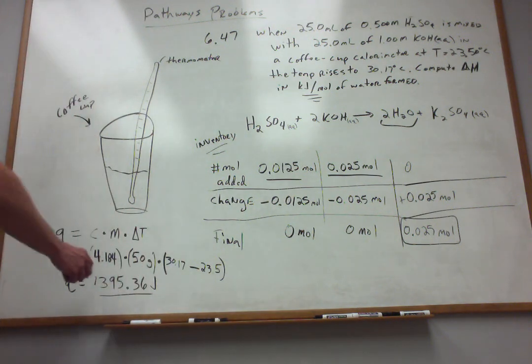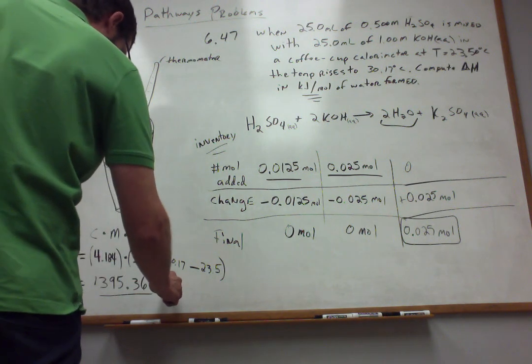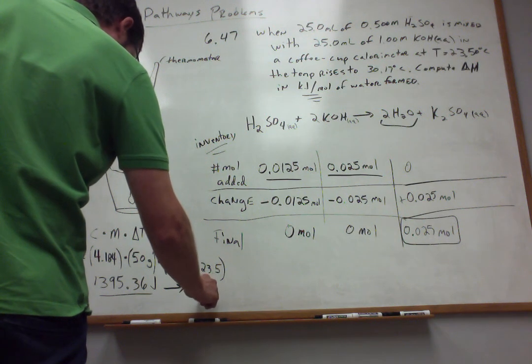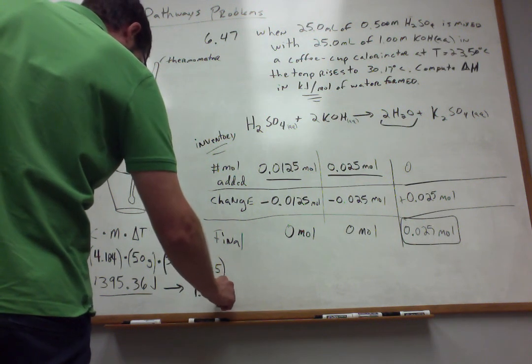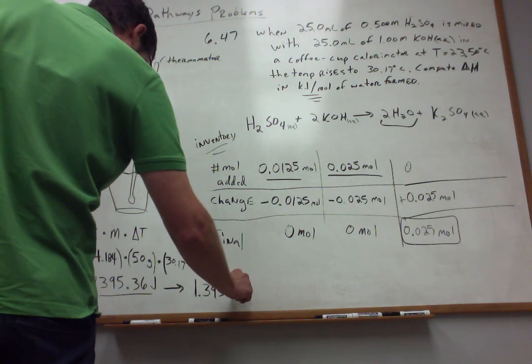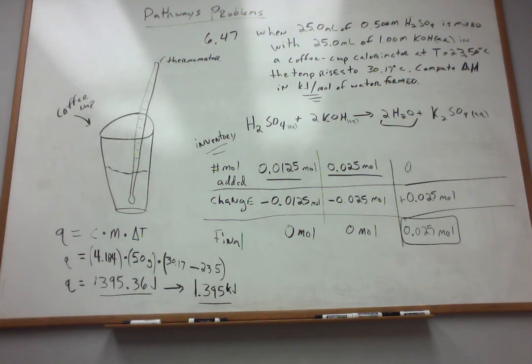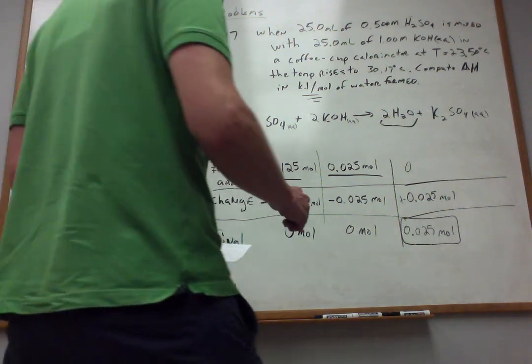So it seems like we got over 1,000 joules of energy already. So why don't I just move the decimal place 3 spots right off the bat here, make this 1.395 kilojoules of heat that's produced per 0.025 mole.